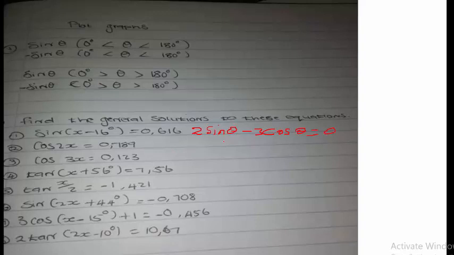So let's say you have a form like this. What do you do to solve such an equation? The first thing that you should think about is to write the equation as in A sine theta equals B cos theta.